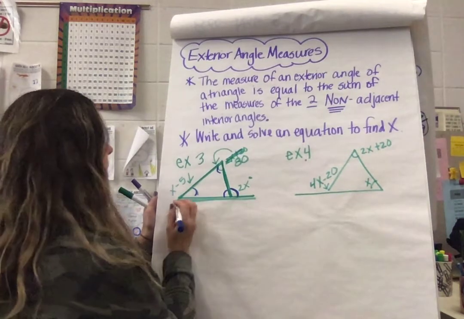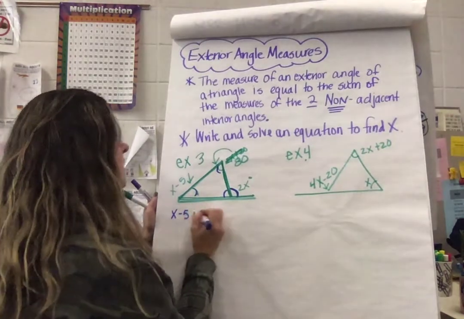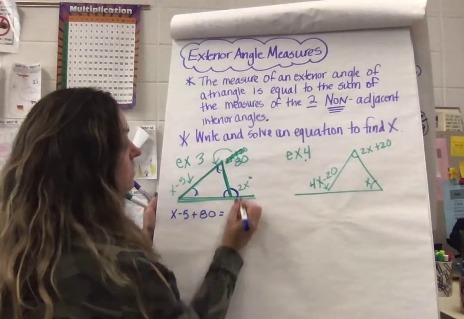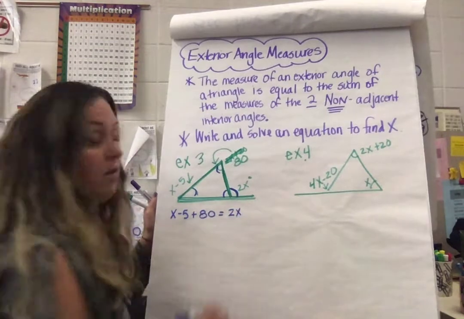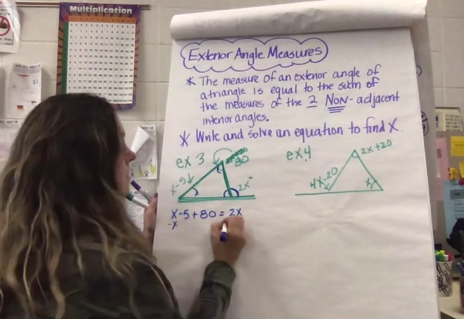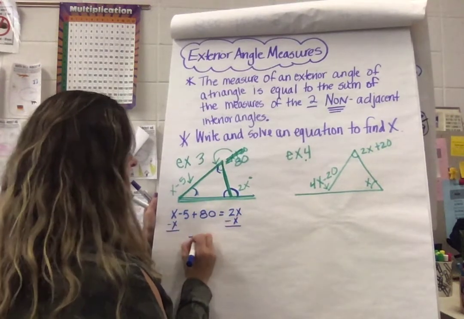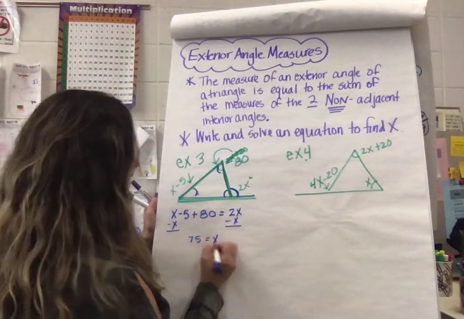So I simply write an equation. This interior angle of x minus 5 plus 80 is equal to the exterior angle of 2x. I set up an equation and I solve my equation. I'm going to combine like terms on separate sides. I have 75 equals x.